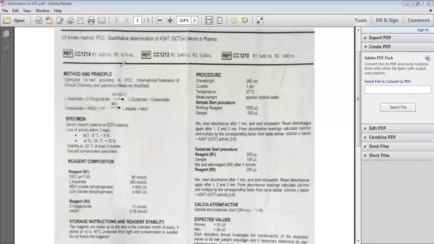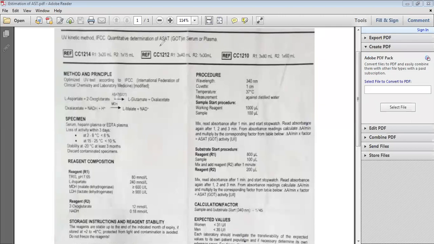Today's experiment is quantitative determination of AST in serum or plasma. This test is important for liver function, and when we need to evaluate the function of liver, we can perform the AST test.